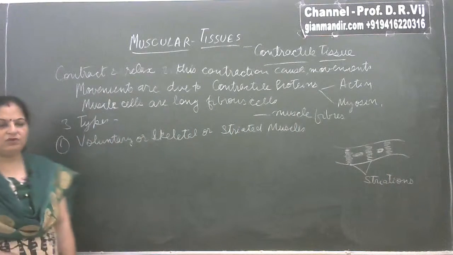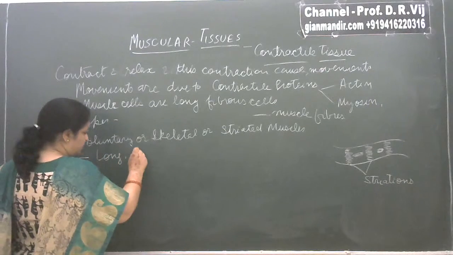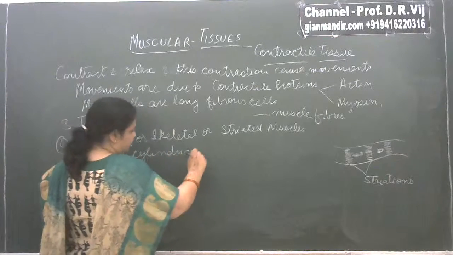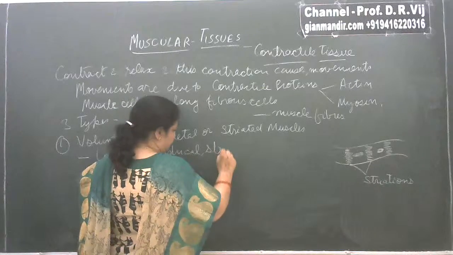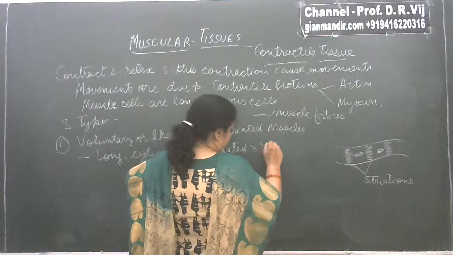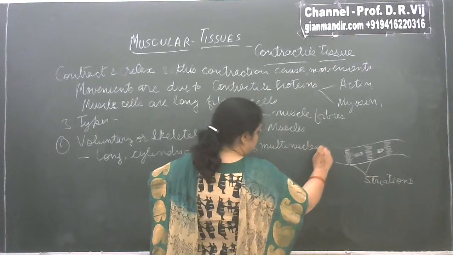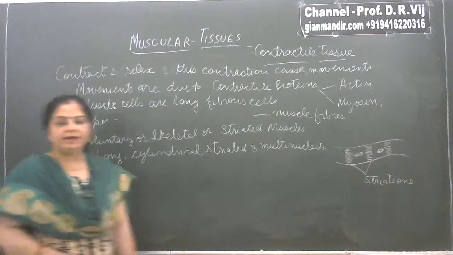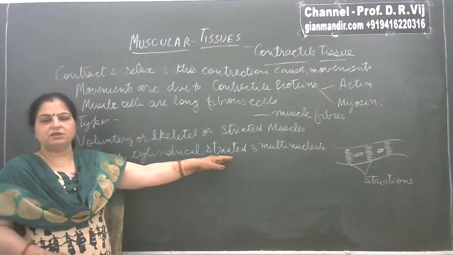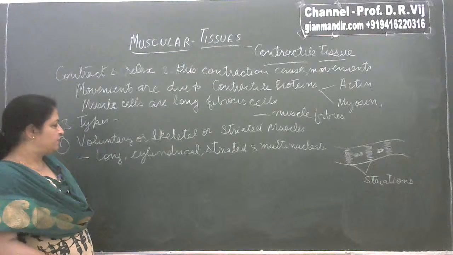So the features of these cells are that they are long, cylindrical, striated and multinucleate. Striations means they have alternate dark and light bands. Based on all these properties, they have specific names.